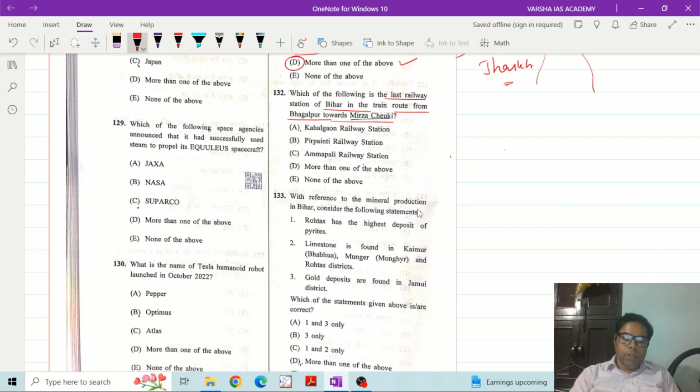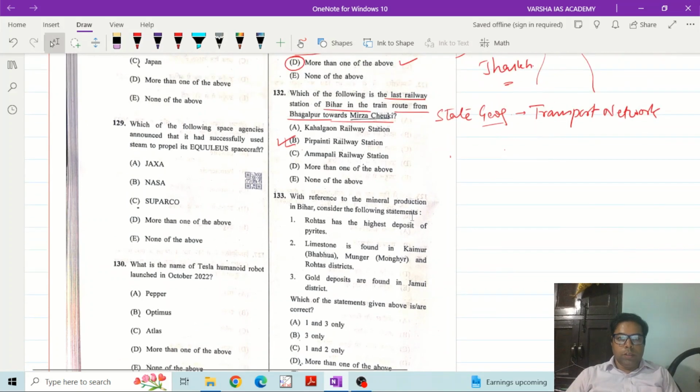So this is completely state geography, and it falls under the transport system, the transport network. The answer is clearly Pir Painti railway station, which will be the last from Bhagalpur to Mirza Chowki.